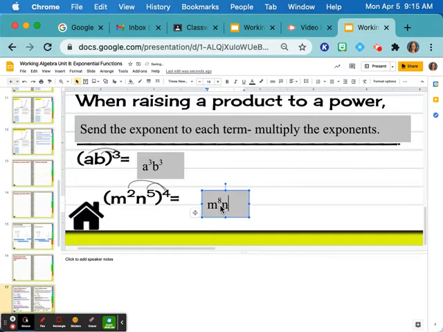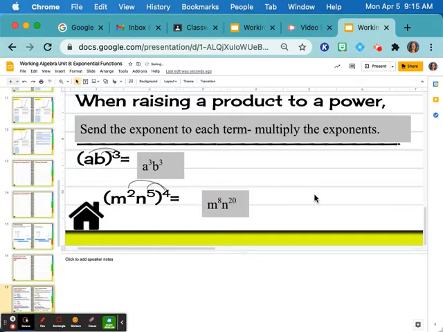And n would be raised to the 5 times 4, 20th power. If you did not watch the lesson about raising terms to a power, then you need to make sure to do that, because I talk about this in that, I think it's only 15 minutes from Thursday.